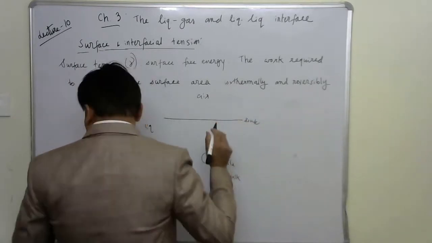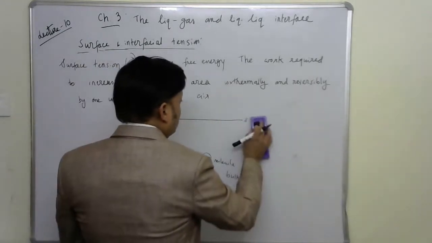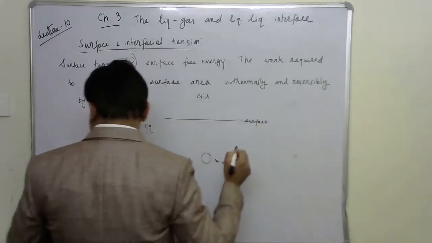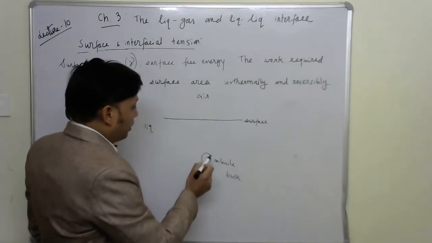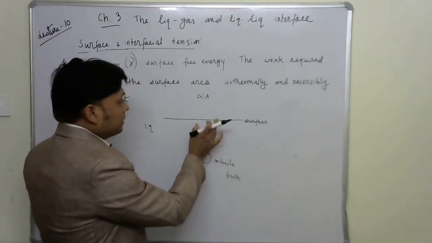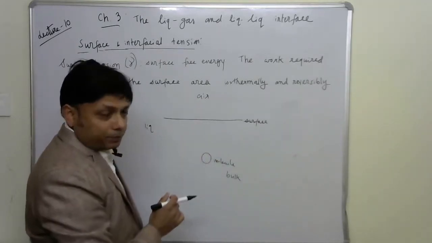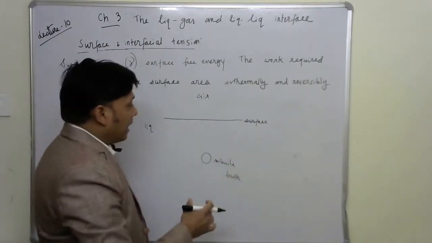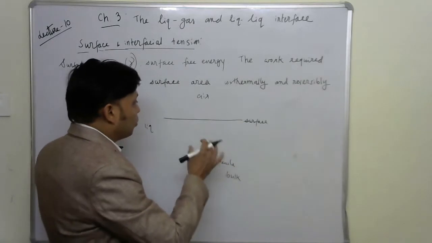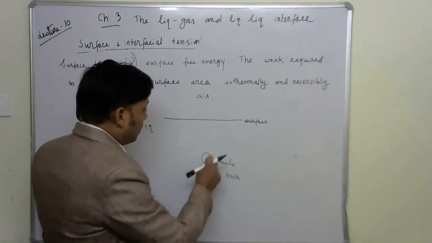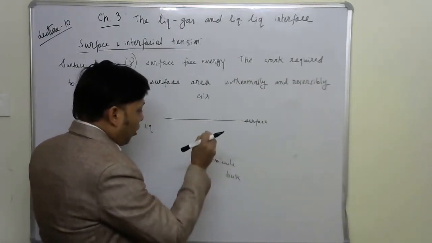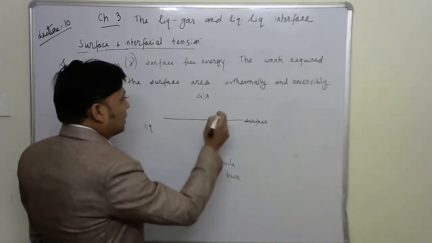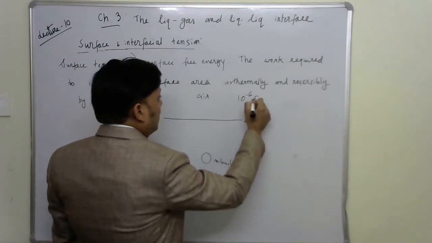A dynamic process goes on even at room temperature: a molecule can come up to the surface and get vaporized. Experiment says that in a common liquid like water, the time that a liquid molecule on average spends at the surface is about 10 raised to the power minus second.